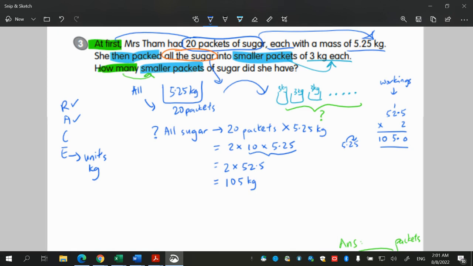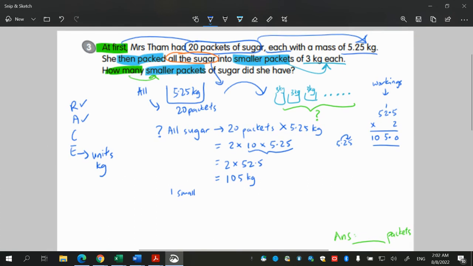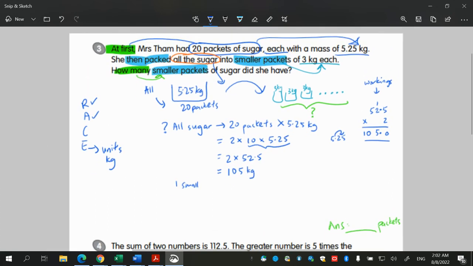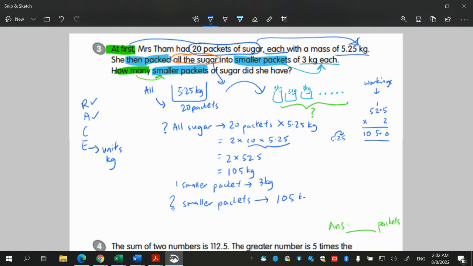Now, next part. One smaller packet is 3 kilograms. I want to find how many smaller packets. I use all the sugar, because it's repacked, and divide by the 3 kilograms.